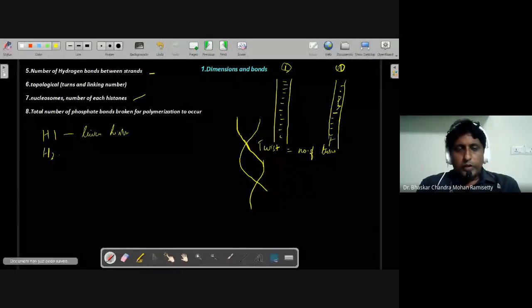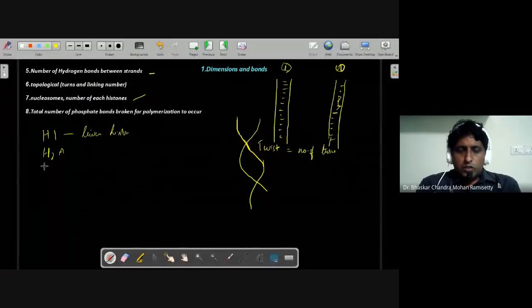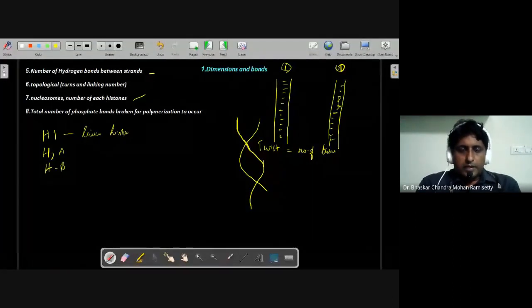And then you have H2A and H2B. These two form a dimer. And then we have H3 and H4. Okay, so these are core histones.